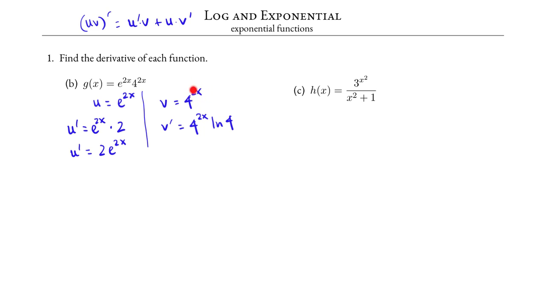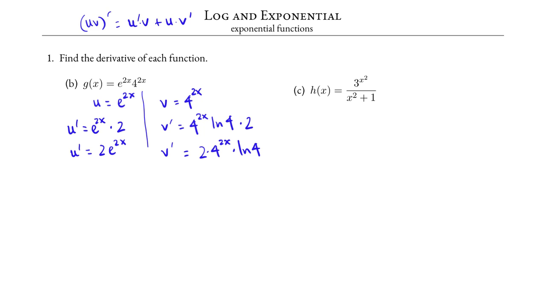This function 2x is inside the exponential function with base 4, so we will still need to multiply by the derivative of the inside function. The derivative of 2x is 2. And so v prime is 2 times 4 to the 2x power times ln of 4.